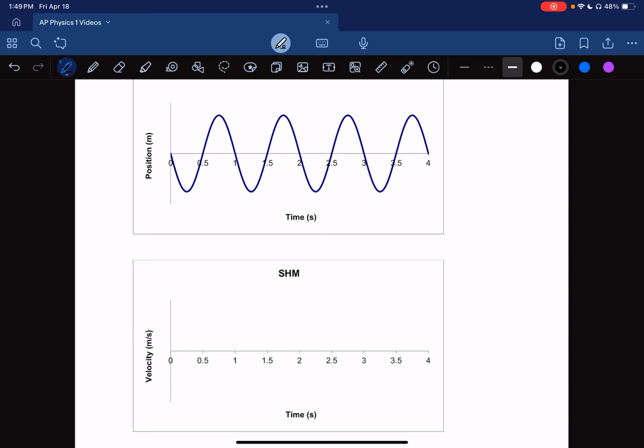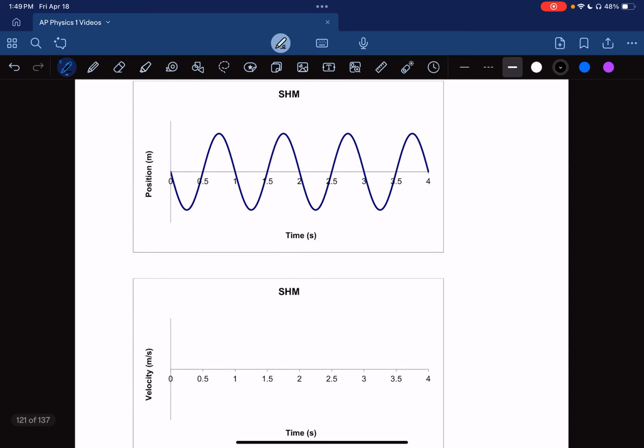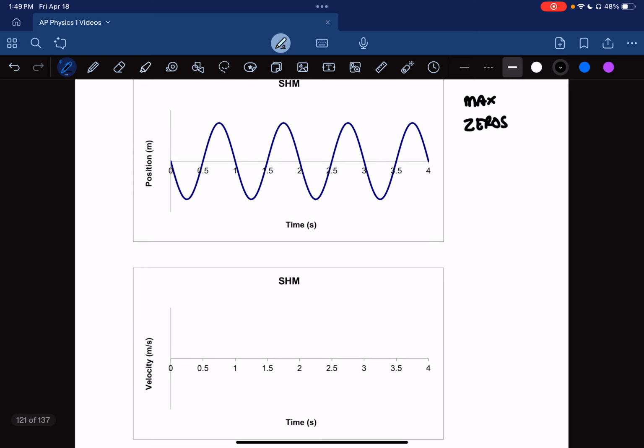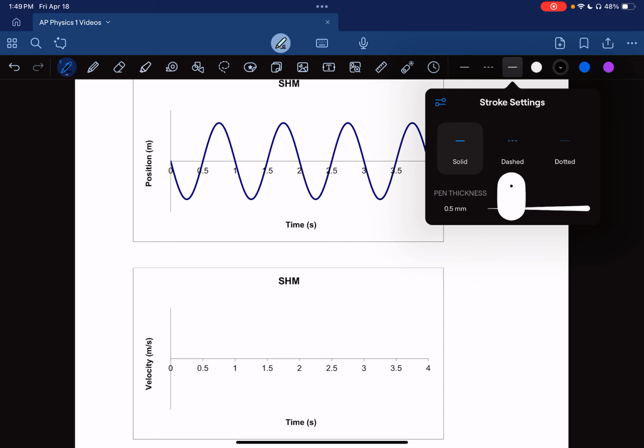So the strategy is figure out the maximums and figure out the zeros. Actually, we'll figure out the zeros first. So where is velocity 0 on for a spring mass system? Where's velocity 0?